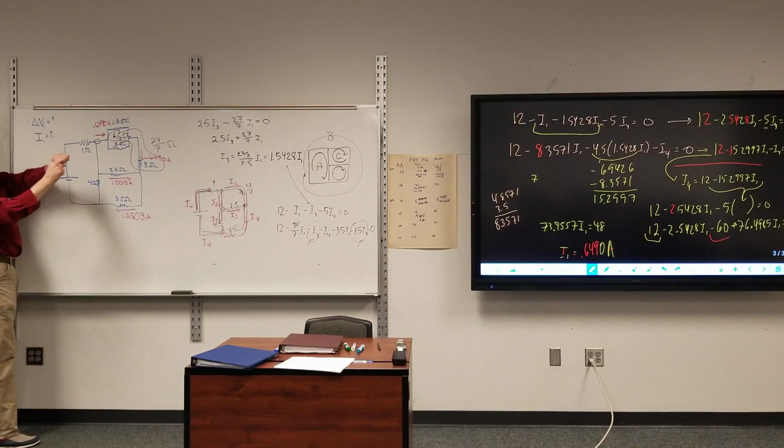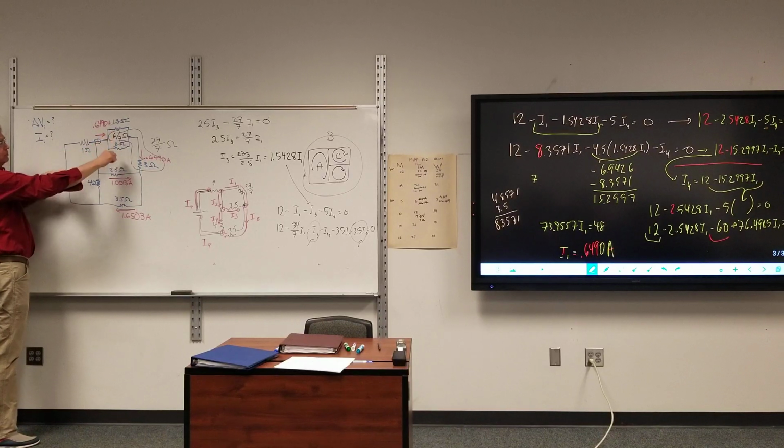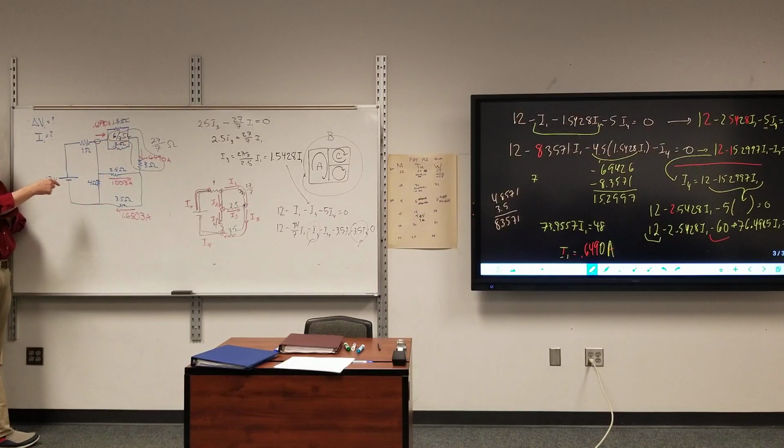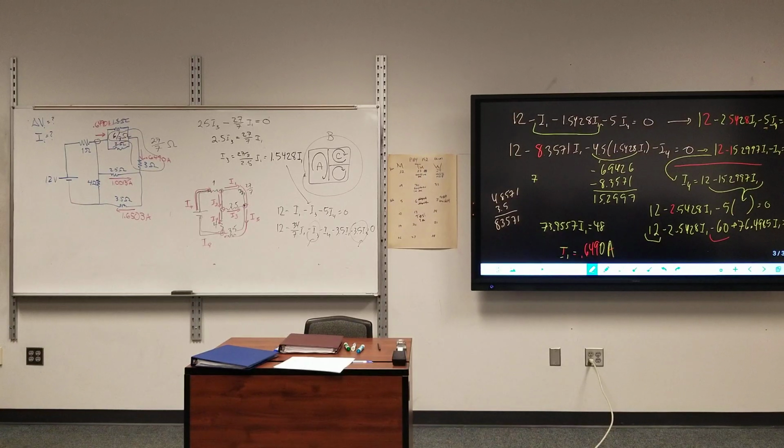We'd have a series structure of these two resistors plus this parallel, and then that would be in parallel with the 2.5. And then that would be in series with 3.5, which would be in parallel with the 4. It could have been much easier. But then we want a challenge.